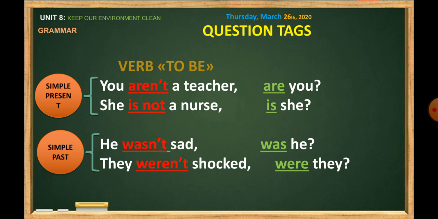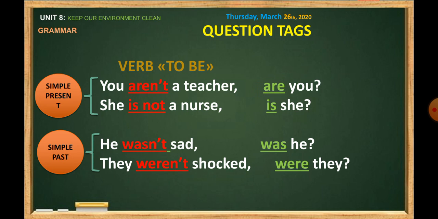إذن إلا كان الفعل verb to be مصرف في simple present بحال هذا المثال you aren't a teacher are you. إذن هنا عندنا you، ولكن هنا عندنا she. okay. إذن نفس الشيء you it's here and are the verb. here it's are not but here it's are positive question tag.